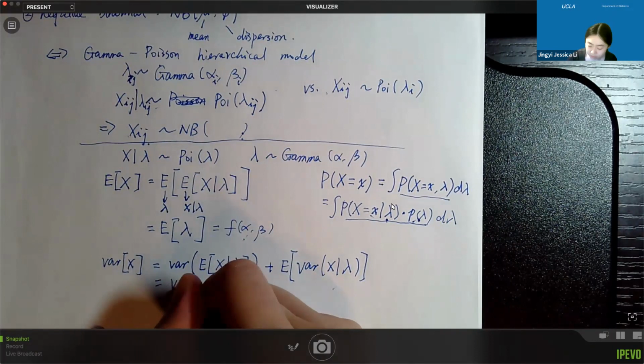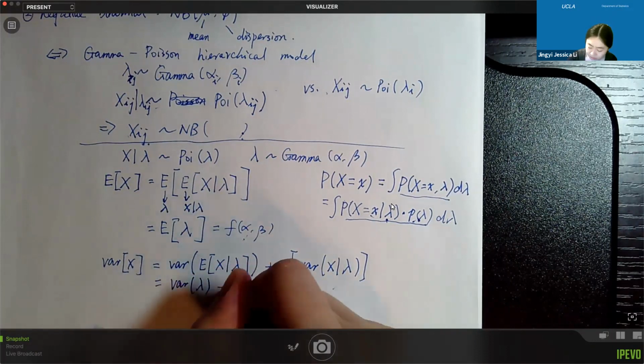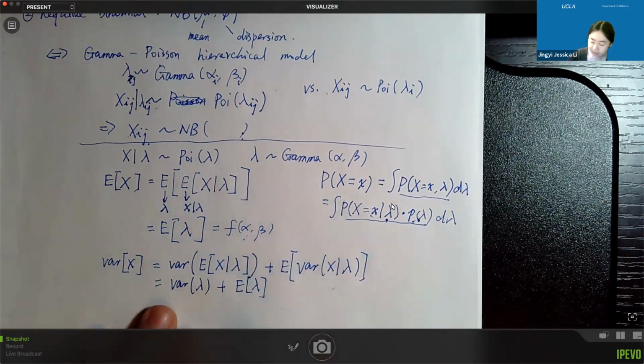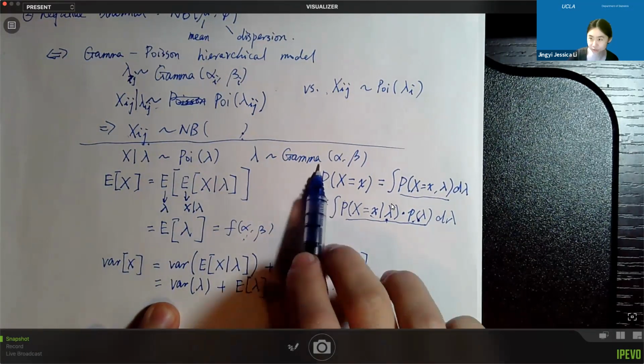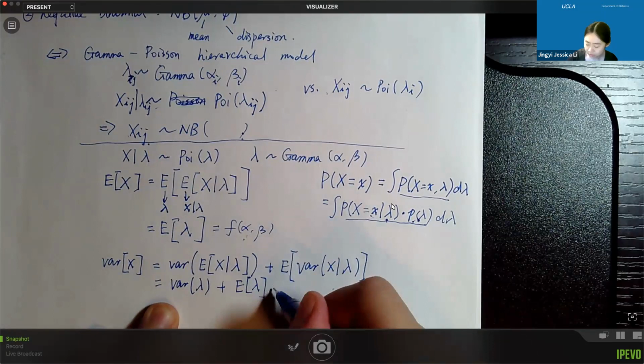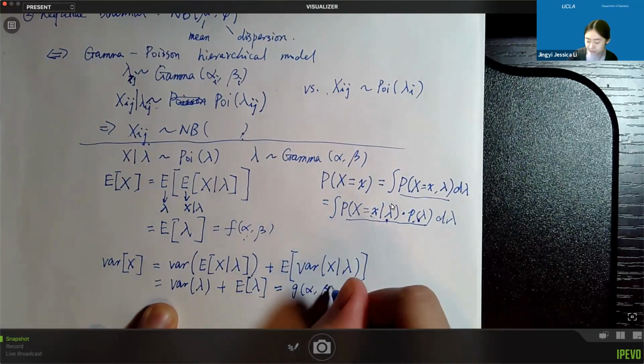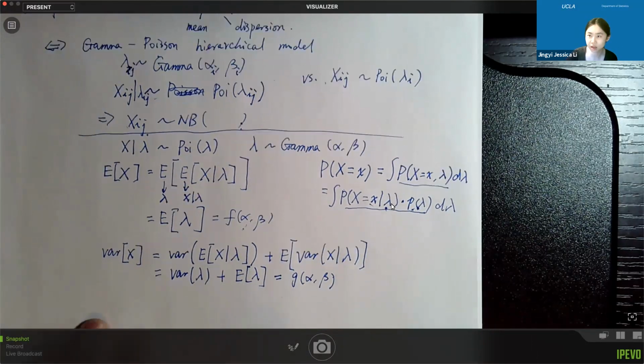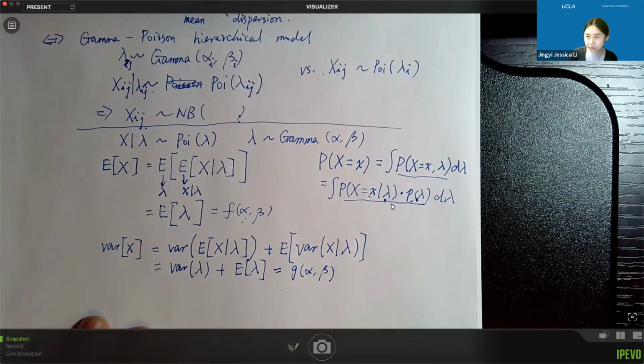So we would have the variance of lambda plus the expectation of lambda. Both are then determined by the gamma distribution. Again, I will call this another function of the two parameters alpha and beta. Then you can see we can easily do something we call the method of moments estimation, which some of you learned from 100B, right?